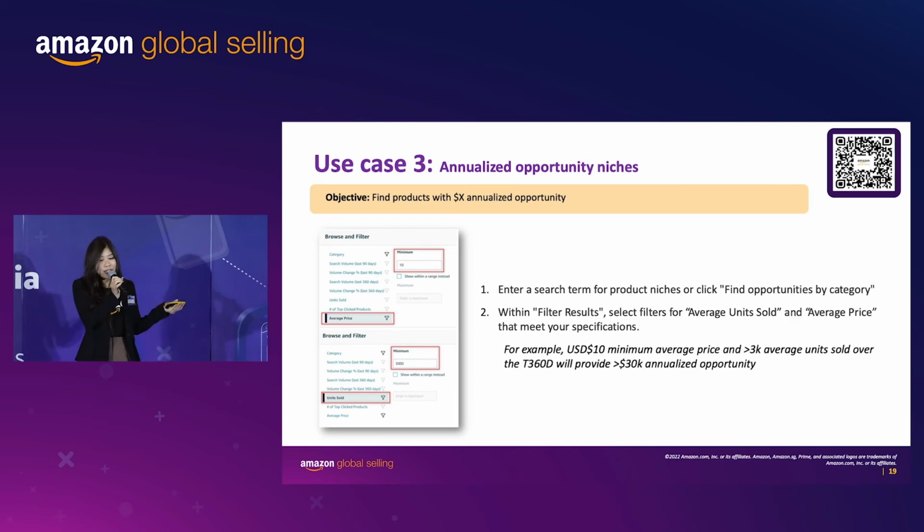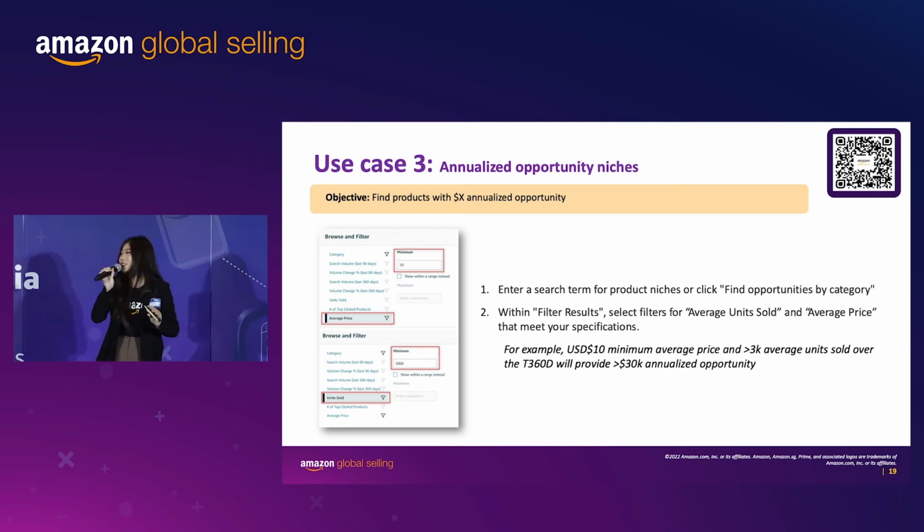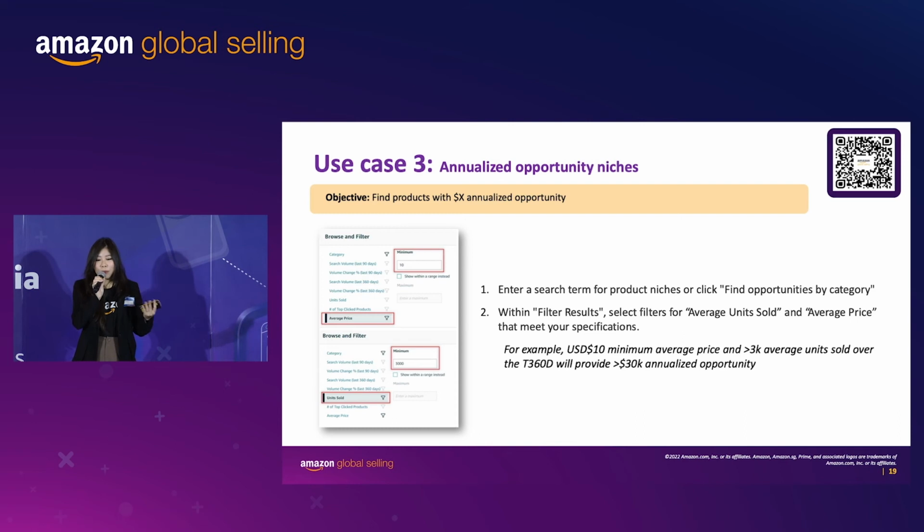You can filter the results and select the filters for average units sold and average price in order to meet your own specification. So for example, if you have a $2,500 monthly target revenue for new products, you can use it to hone in on the minimum average price and minimum average units sold to get an annualized opportunity threshold. Thereafter, you can also sort by search volume from highest to lowest by clicking the metric.